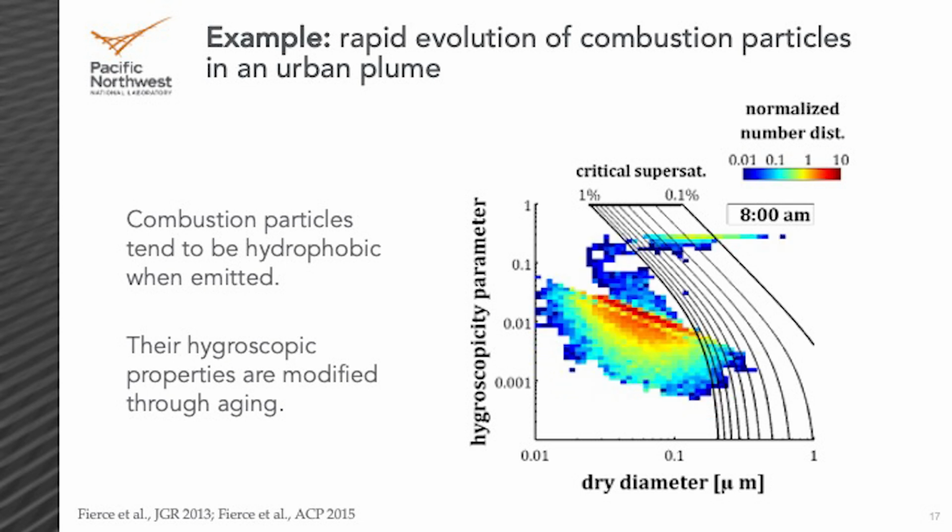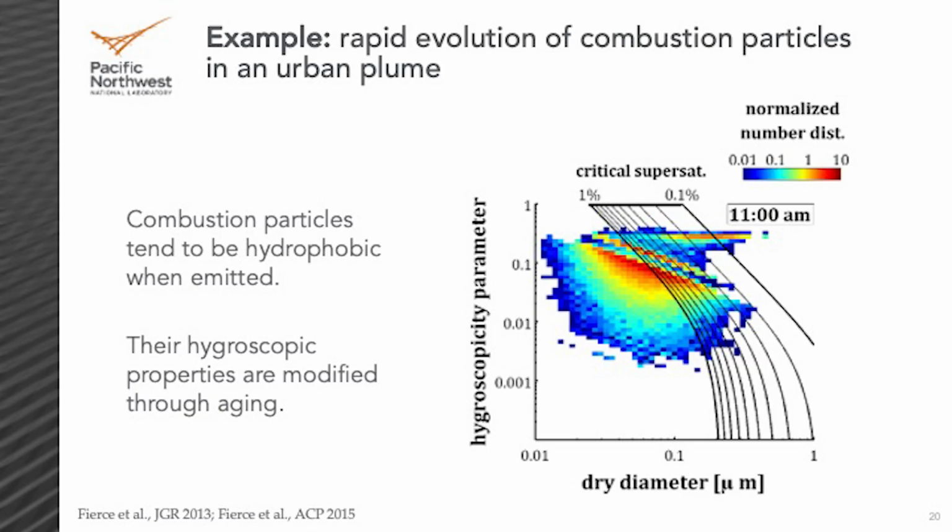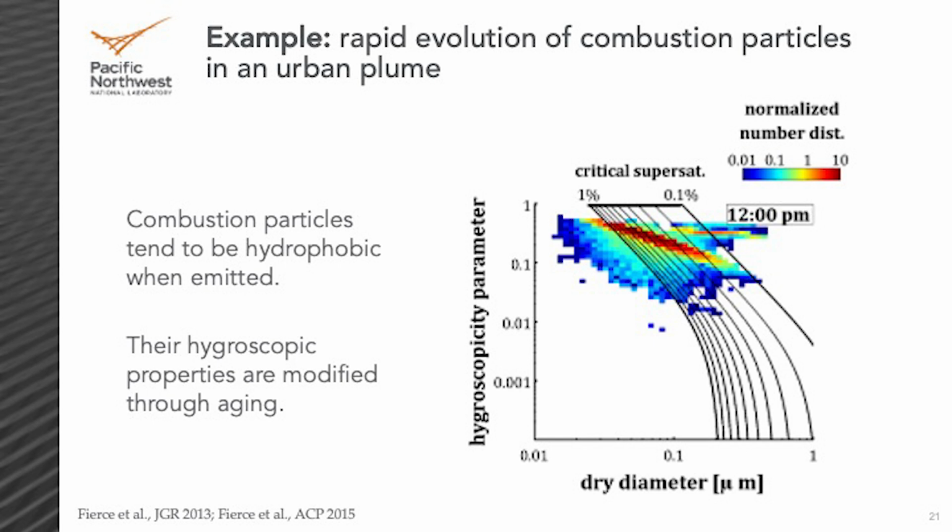And they're modified very quickly in this polluted environment, which is meant to represent something like Los Angeles. It's an idealized simulation, but basically after not very much time, the particles become so coated with the hygroscopic stuff that it doesn't matter that they started out as hydrophobic. You can assume a fully internal mixture and it doesn't really produce much of a problem.